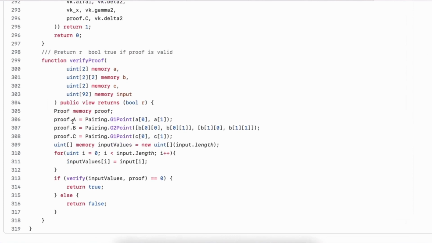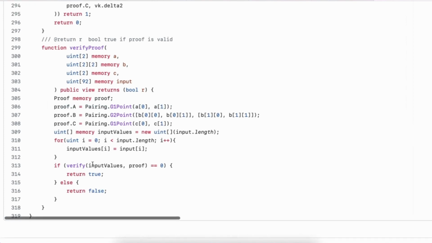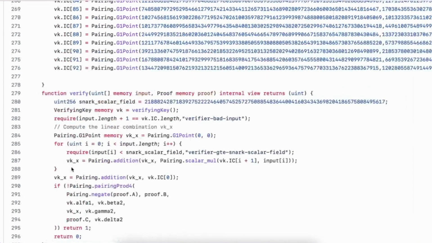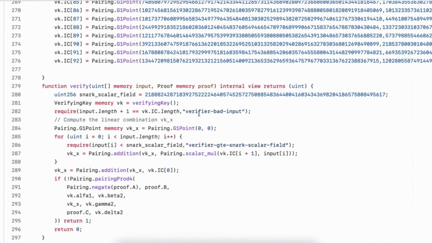Okay, so then they become... Well, we'll look at the pairing library again, but okay, let's see. So input values. Why is it doing that? Okay, then it calls verify. And what verify does is this. And we'll probably find that the snark scalar field, if we put it into a prime number verifier, would probably be prime.